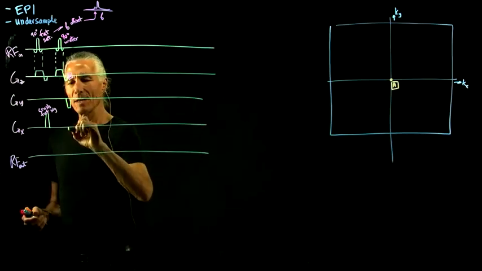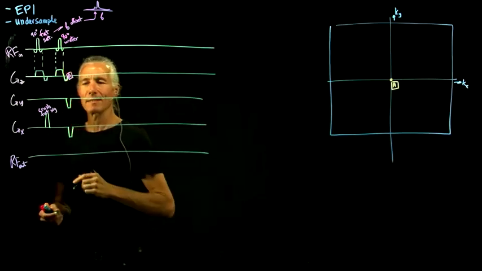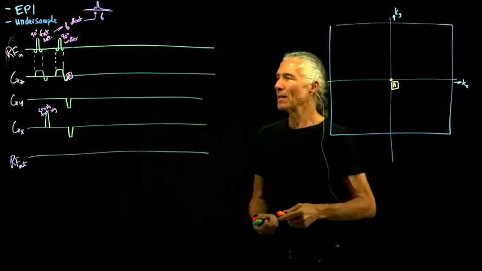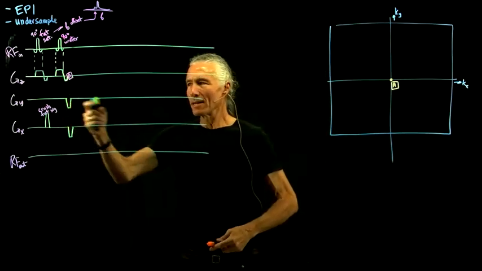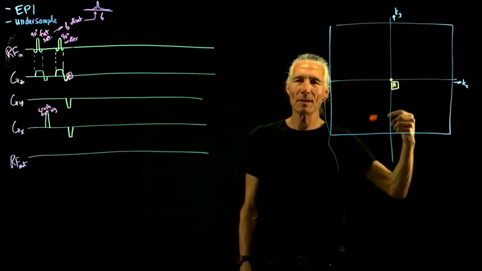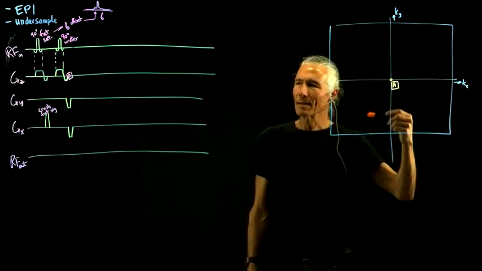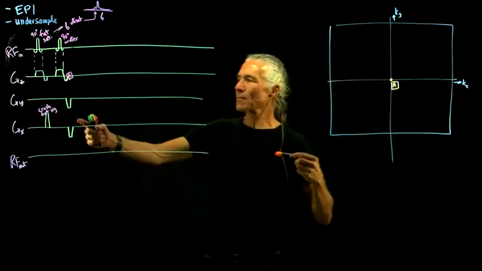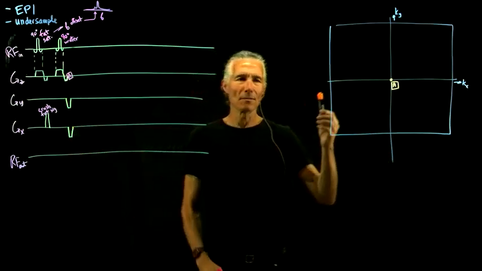And so how do we do that? So we turn on both gradients, the X and Y gradients at the same time. And so the Y gradient, if you turn it on negatively, it's going to wrap up horizontal spin phase stripes. And the X gradient is going to wrap up vertical.